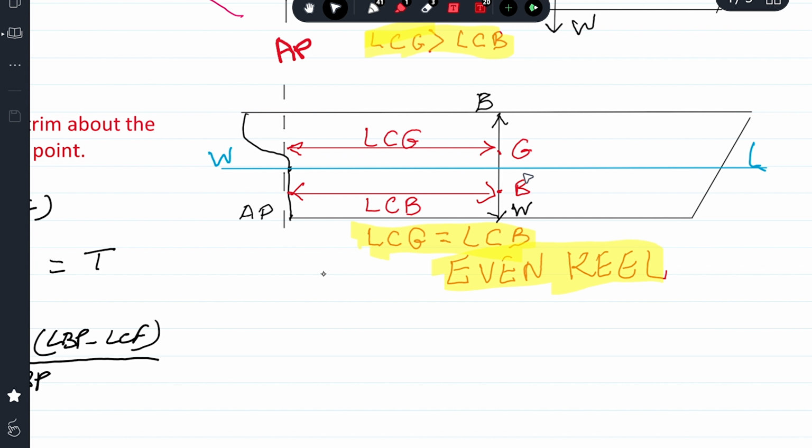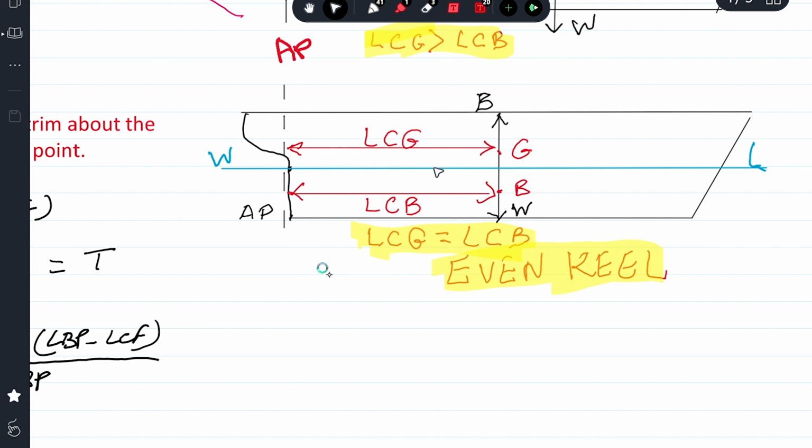The ship's center of gravity is directly above the center of buoyancy. So in other words, if we take distances from the aft perpendicular, the distance of the center of buoyancy from the aft perpendicular is called LCB, longitudinal center of buoyancy, and the distance of the ship's center of gravity from the aft perpendicular is called LCG, longitudinal center of gravity.